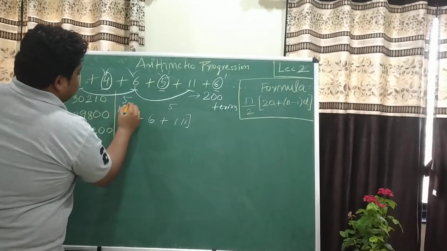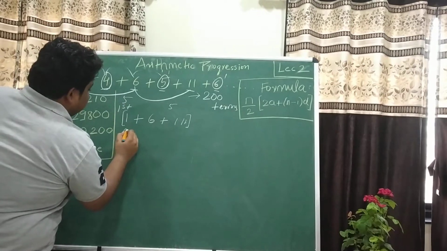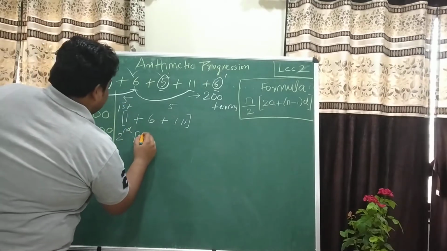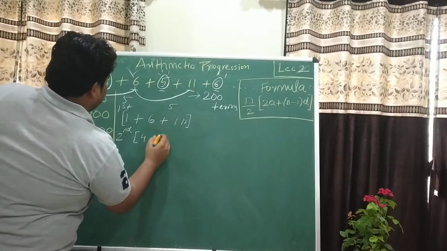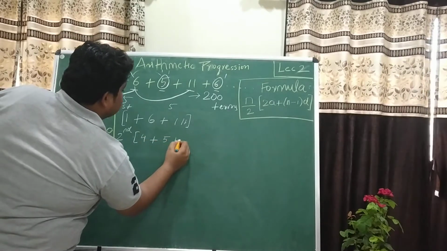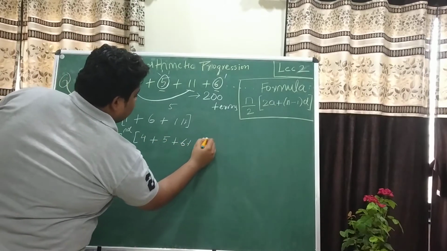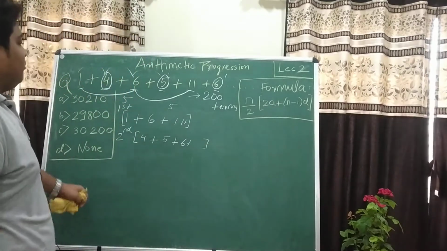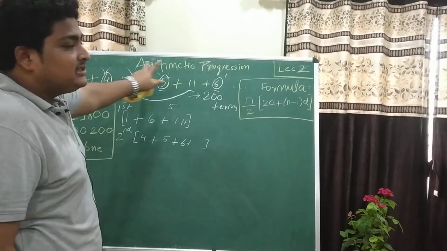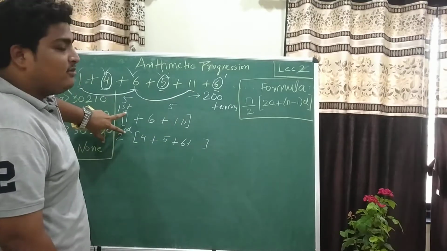This is the first series, and the second is 4 plus 5 plus 6 plus so on. So we are going to divide this single series into two arithmetic series.